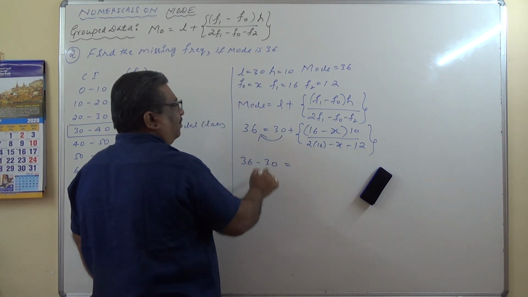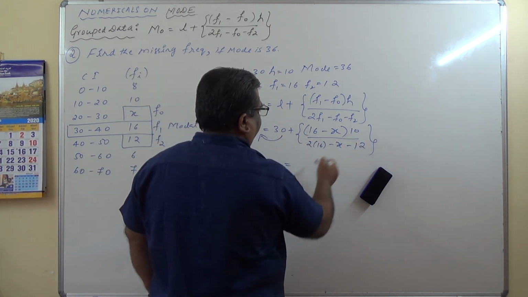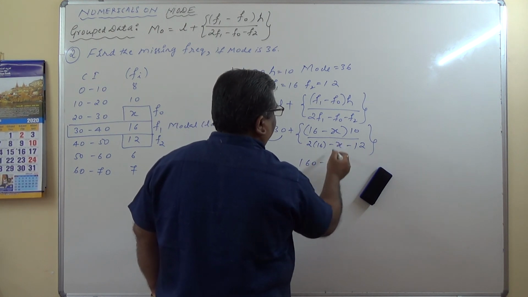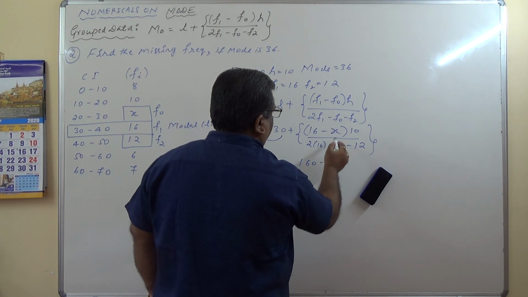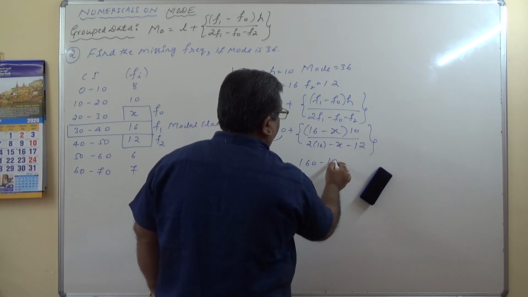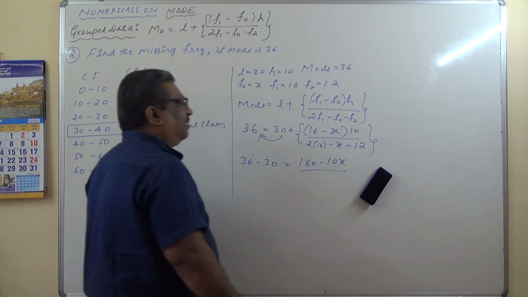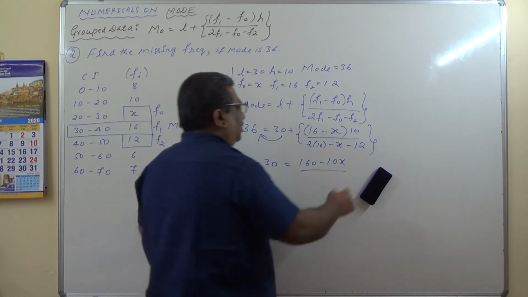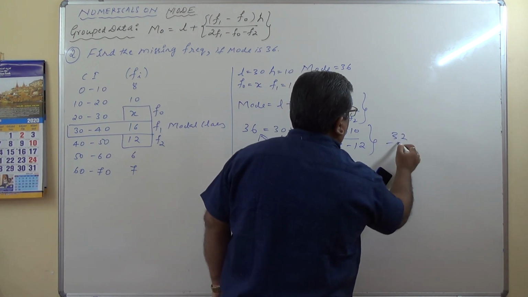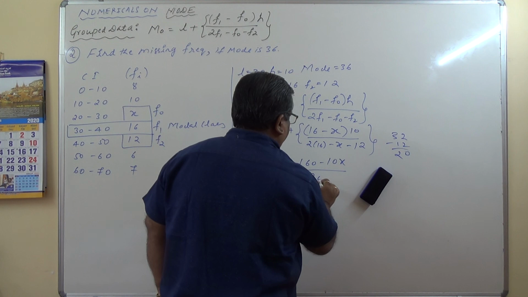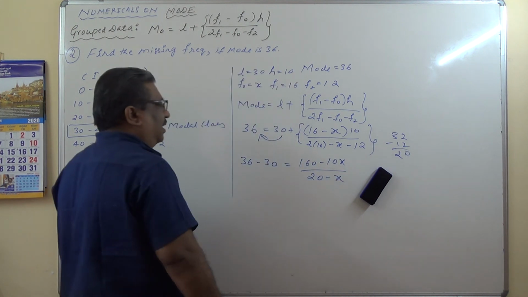I have transposed 16 minus x into 10, that is 160 minus 10x, the whole divided by 32 minus 12, which is 20, 20 minus x. I hope you understand that.